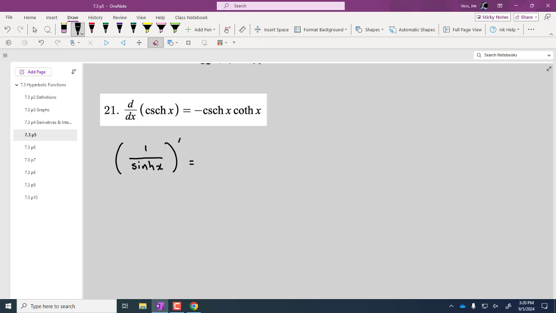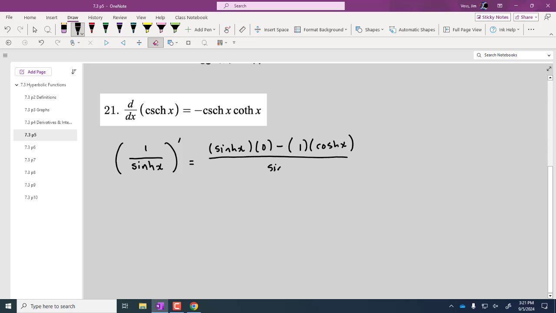Whatever your acronym is, some people have different acronyms, but you know the acronym for quotient rule, whatever you use. So here we're going to have low d high, so sinh times 0, minus high d low, derivative of sinh is cosh, all divided by the low squared, so we get sinh squared. So that's going to be our step right after we take all our derivatives and use the quotient rule.